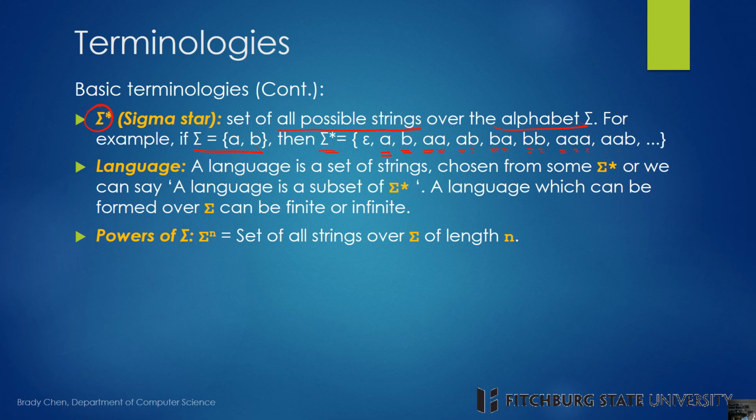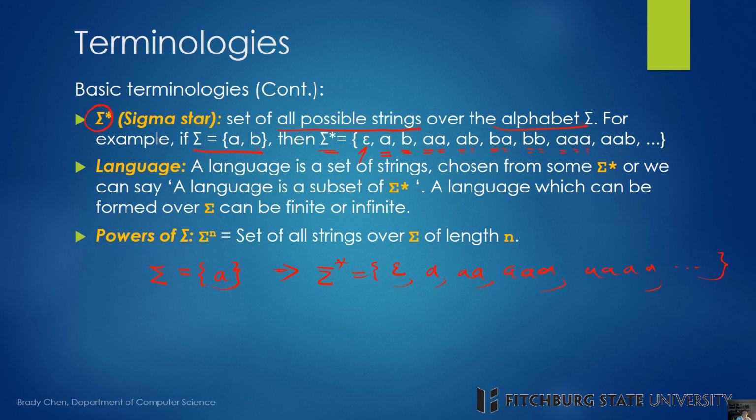Another example: if you have a sigma which contains only one element, A, what is sigma star? Sigma star, of course, should contain epsilon, which is the empty string. Always include the empty string in sigma star. And then you have A, AA, AAA. So you can continue to build this. Okay, so that's sigma star.